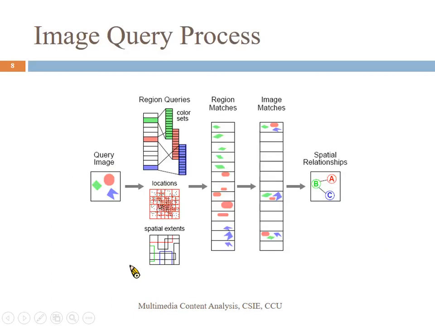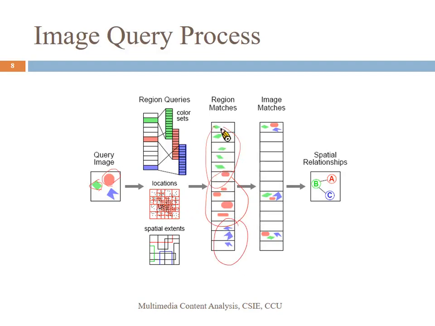So here is the concept. We may give a query like this. Okay, we may assign a red circle, a green rectangle, and a blue polygon. For the query, we may do the region query first. So we just find all images consisting of a green rectangle, a red circle and a blue polygon.